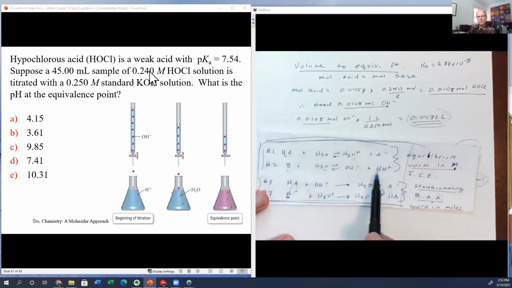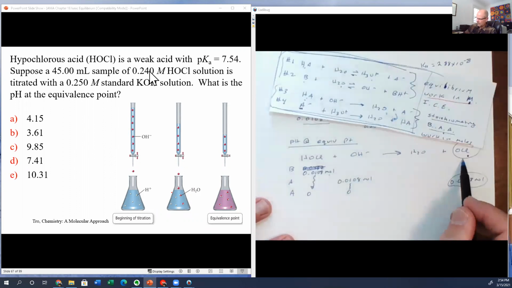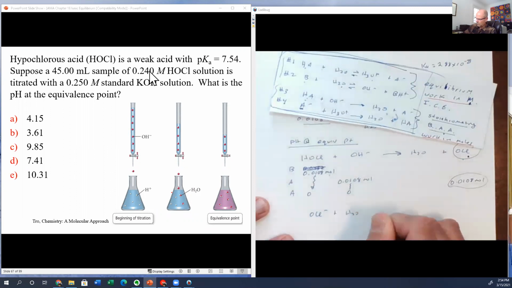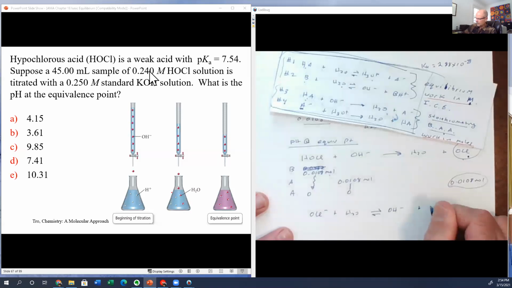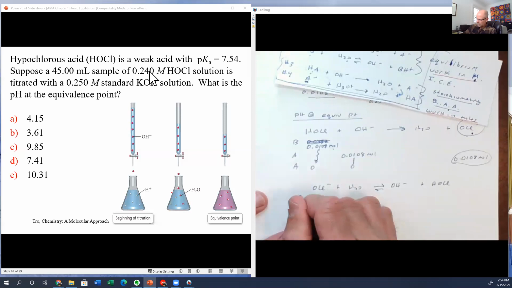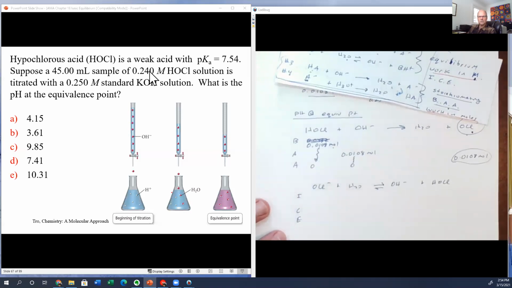I solve an equilibrium problem using this equation, right? So you apply that equation to this ion and you get OCl minus plus H2O in equilibrium with OH minus plus HOCl, right? And now to solve this problem, you need to solve an equilibrium problem. So you need to set up an ICE table.